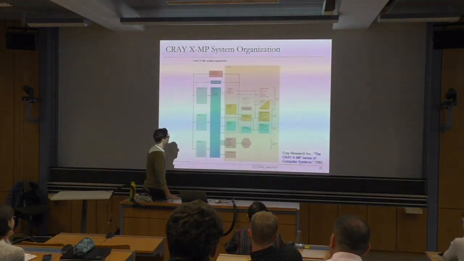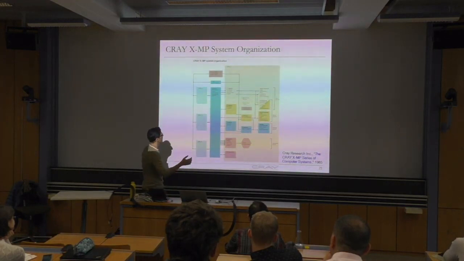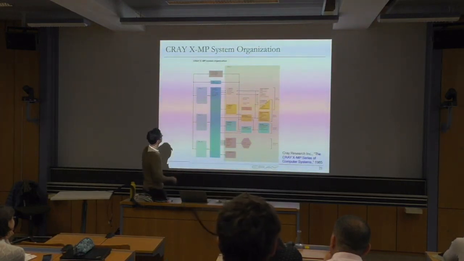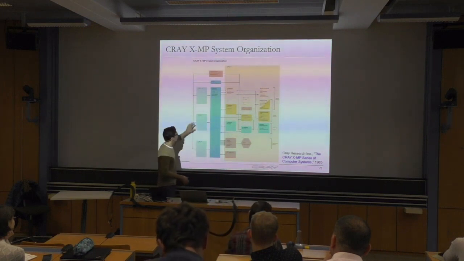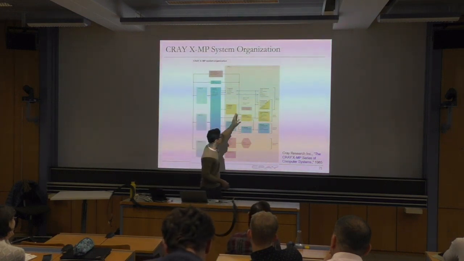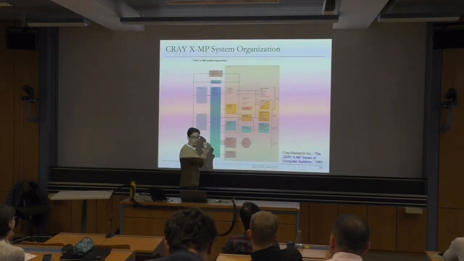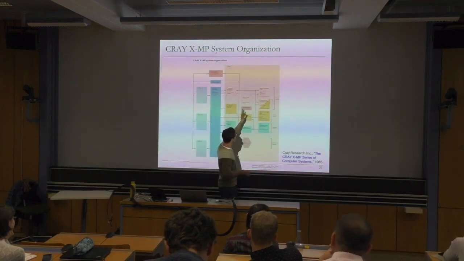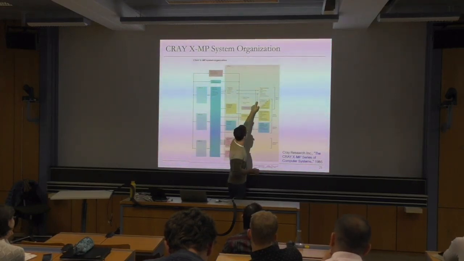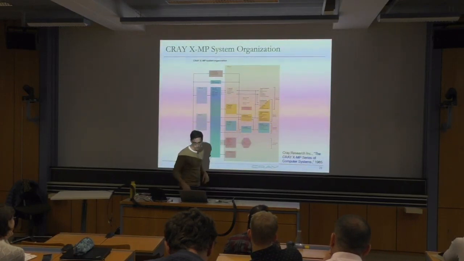And in the next slides, you have a little bit more information about the internal organization. This particular model has 4 CPUs, and inside each of the CPUs, you have what we have seen in the previous slide as well: scalar functional units, floating point, vector functional units, and so on.